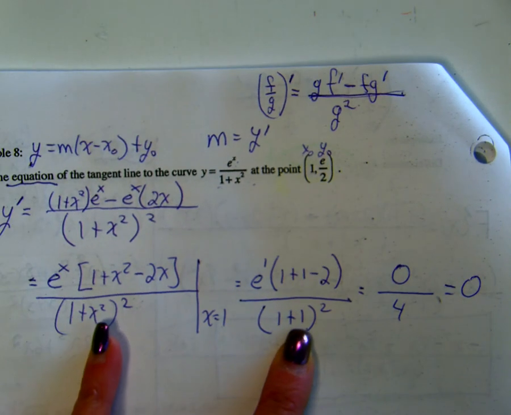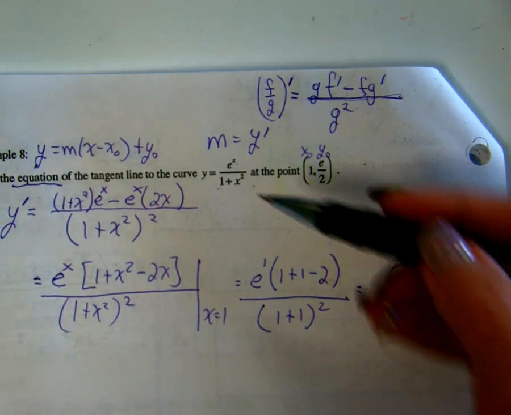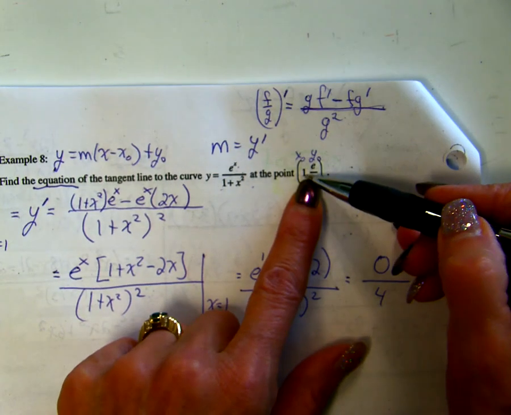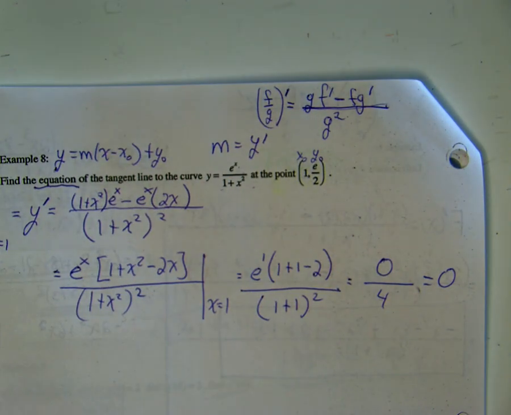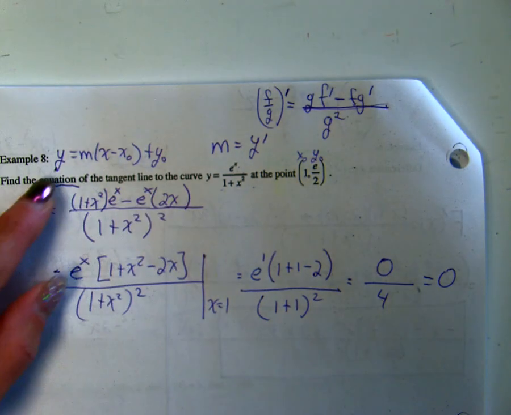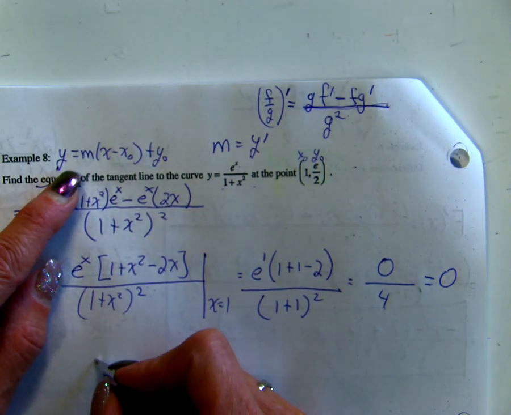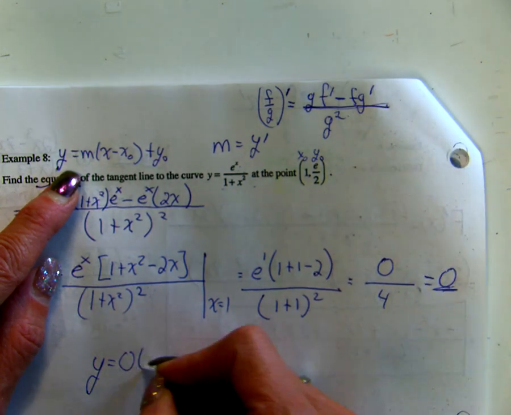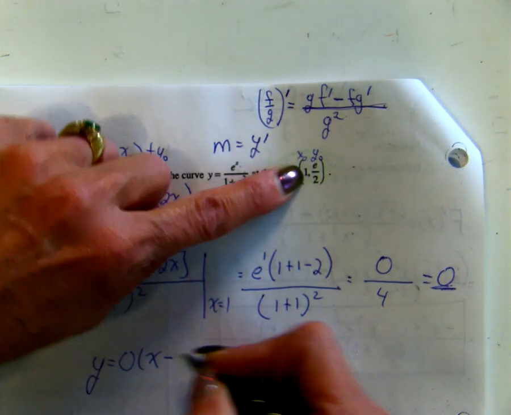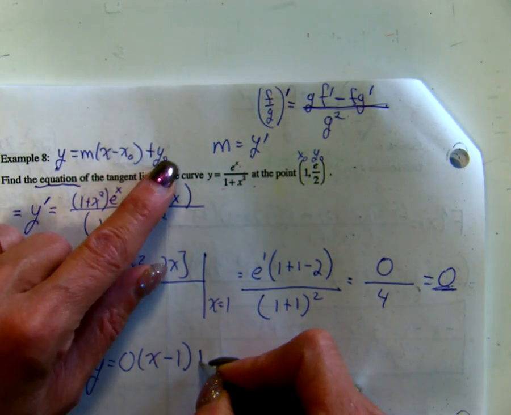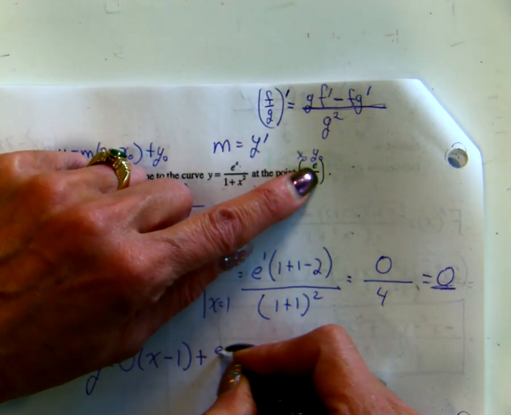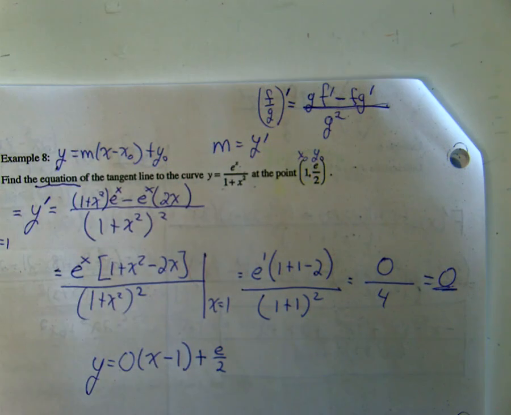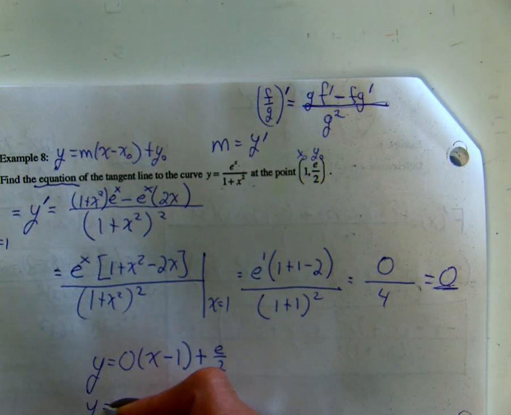That's telling me that the tangent line to the curve of this function at this point is horizontal. What's the equation of that line? Well, if we take this and write y equals m times x minus x naught plus y naught, it's just going to simplify to y equals e over 2.